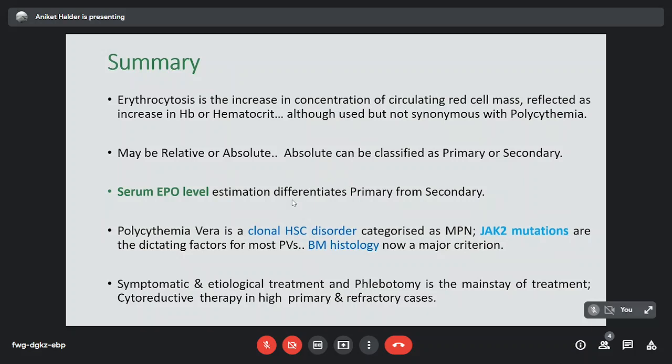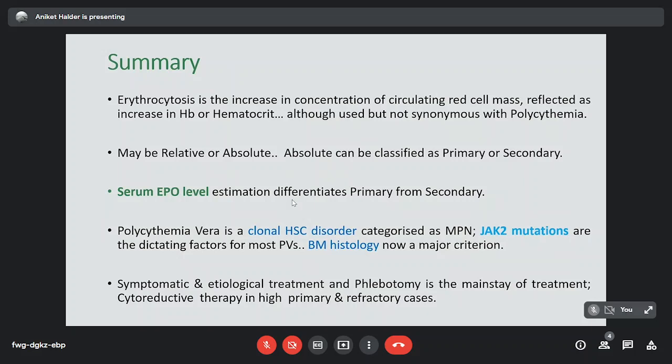Polycythemia vera is a clonal hematopoietic stem cell disorder, which is categorized as a myeloproliferative neoplasm in the WHO classification. JAK2 mutations are the driving factors for most polycythemia vera, and the JAK2 V617F mutation is found in more than 95% of patients.